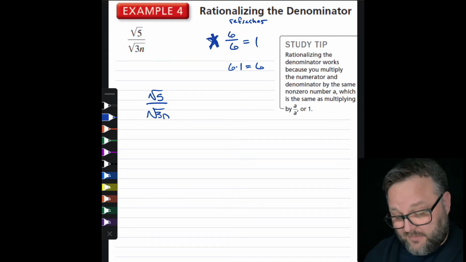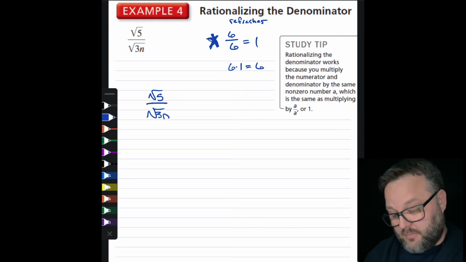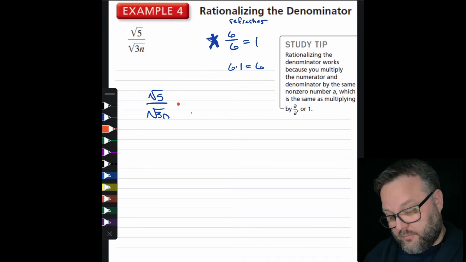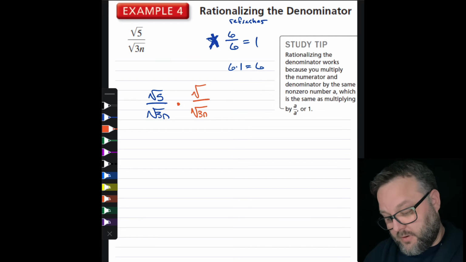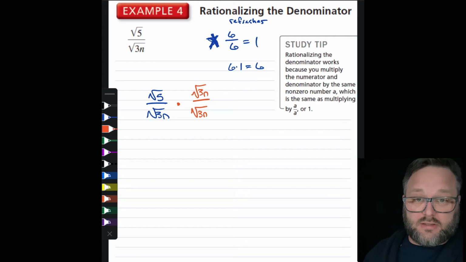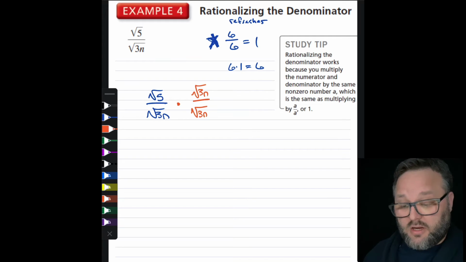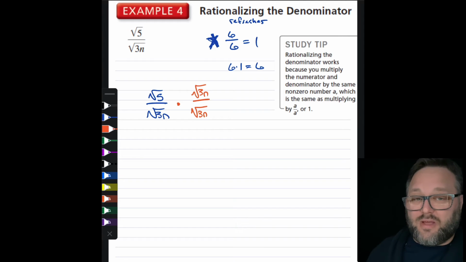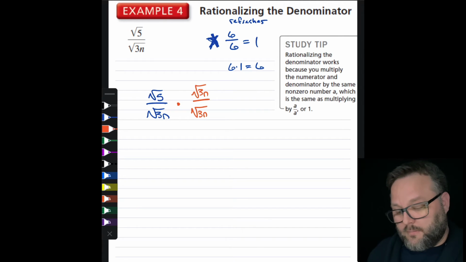In other words, if I take this whole thing and I multiply it by square root of 3n over square root of 3n, that's the same thing as multiplying the whole thing times 1, and anything times 1 is itself. So in reality, I'm not going to be changing its value at all.